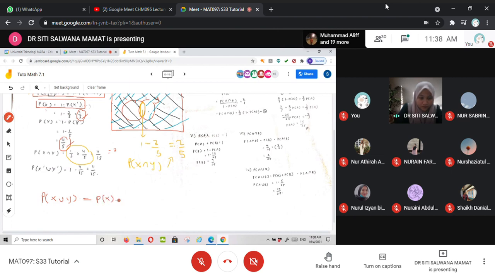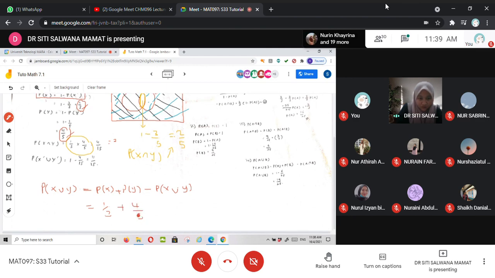P of X plus P of Y, and then kita minuskan dengan P of X union Y. Okay, so you dah ada dah all this information. 1/3 plus 4/5.